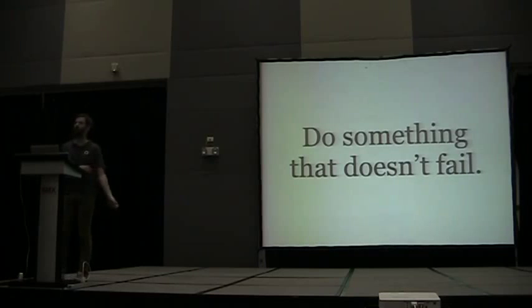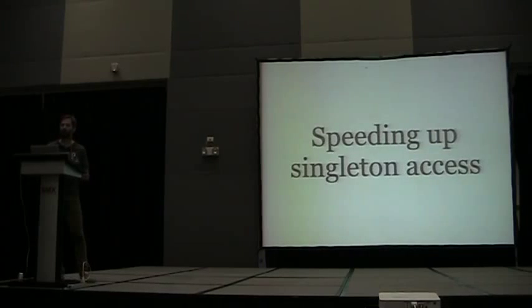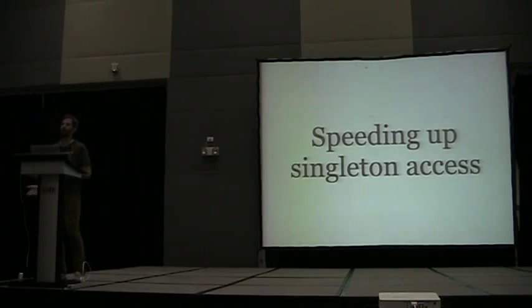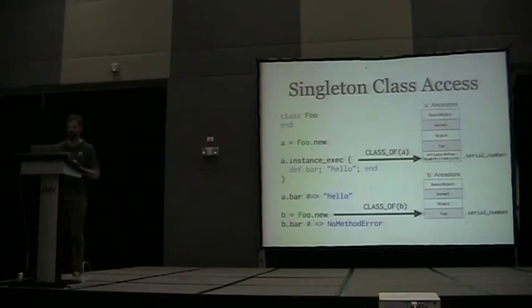So what I wanted to do is look at how we could speed up singleton access. What's interesting is that in those previous cases where we're accessing the singleton, it didn't really add any methods, it didn't change the object, so why are these slower? And I thought to myself, well, in this particular case we're accessing the singleton's serial number, and in the other case we're accessing the real class's serial number.